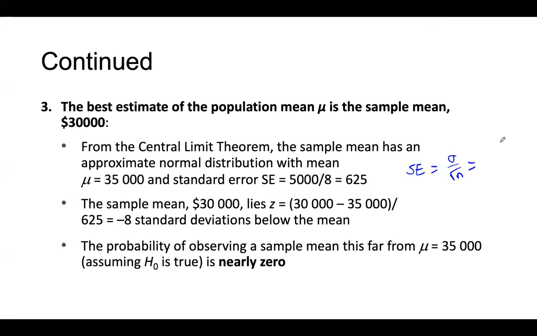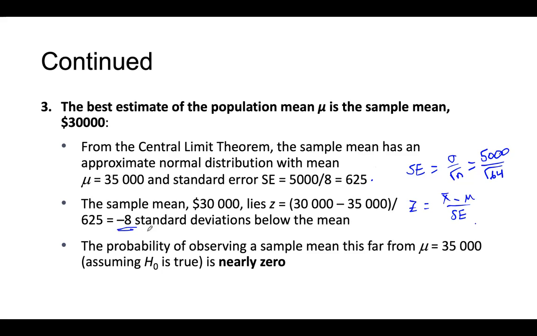Remember, sigma in the question was 5,000 and the square root of n was 64, so this is where we get 625. Now, the sample mean is 30K, and we can calculate our Z, which is X bar minus mu divided by our standard error. We calculate that Z value and we get -8.